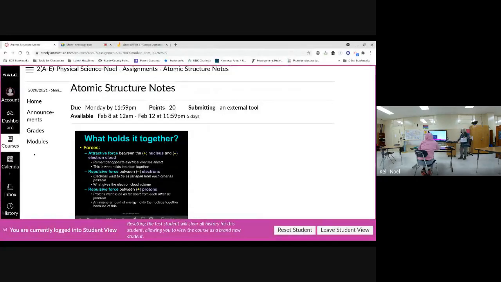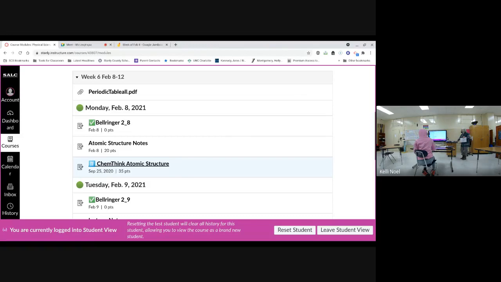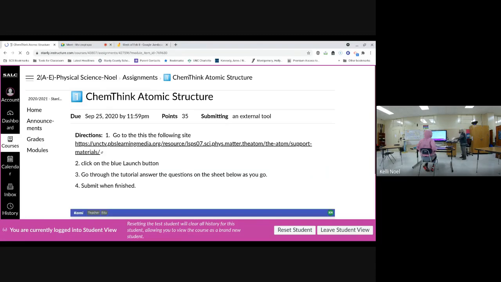So if you go back into modules, you will need your computer for this part. Right here where it says ChemThink atomic structure, I didn't change the date, I will change that, so don't worry about the date there. Right here is the site, and in case it doesn't open in a separate link, always press Control when you click it.